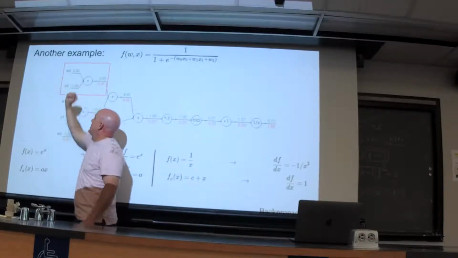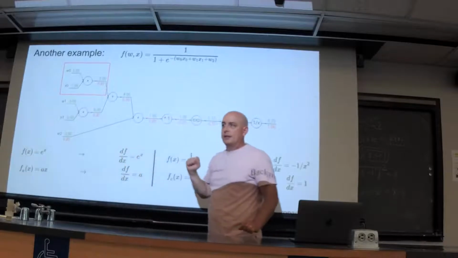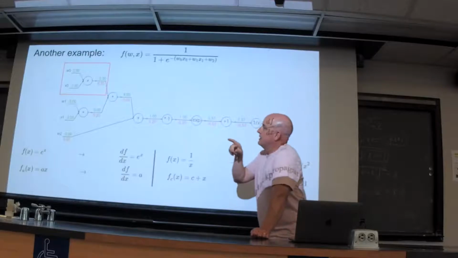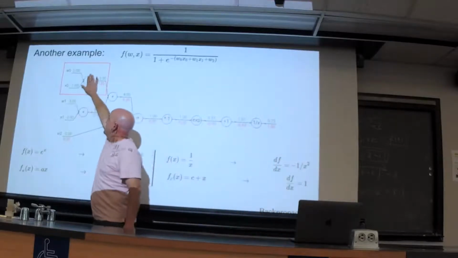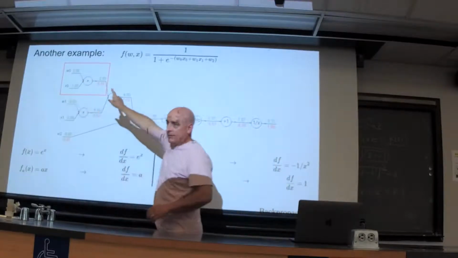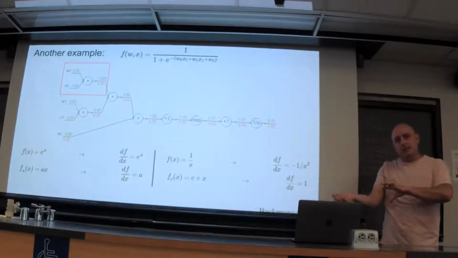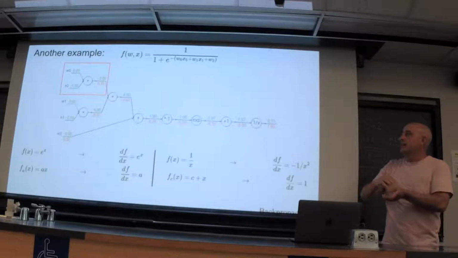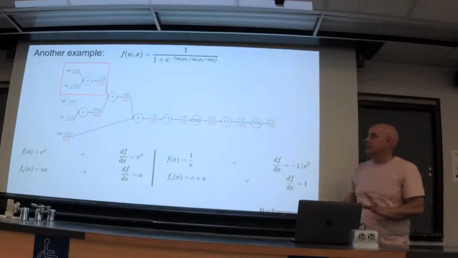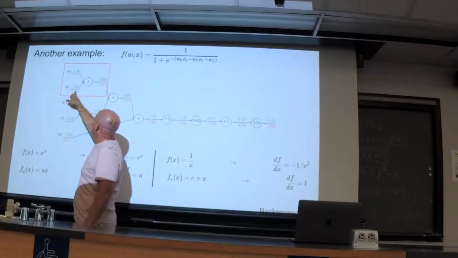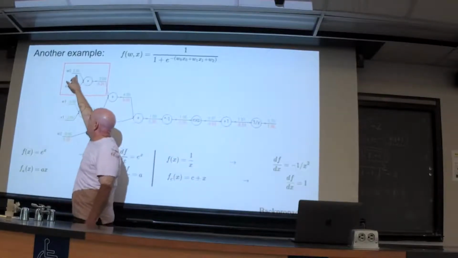If we think of w naught as being the variable, what's the local gradient? Minus 1, right? Because it's x naught times w naught. If w naught's the variable, we're taking the derivative with respect to that, then we're left with x naught, so it's minus 1. So the local gradient going along this branch is going to be minus 1 times 0.2. That'll be a minus 0.2.